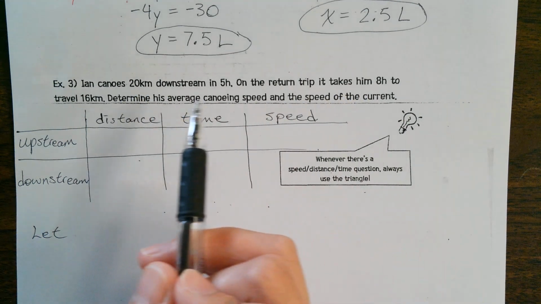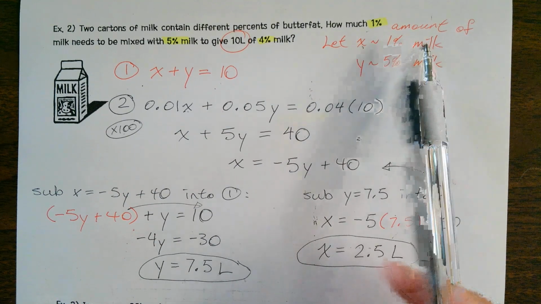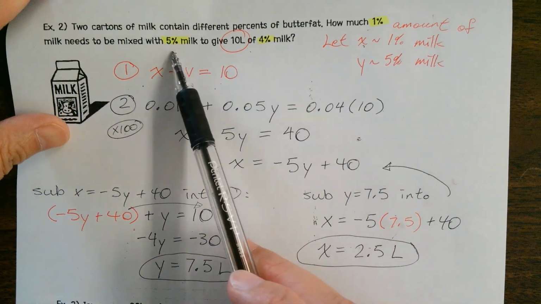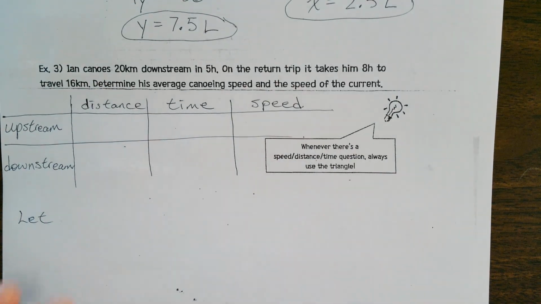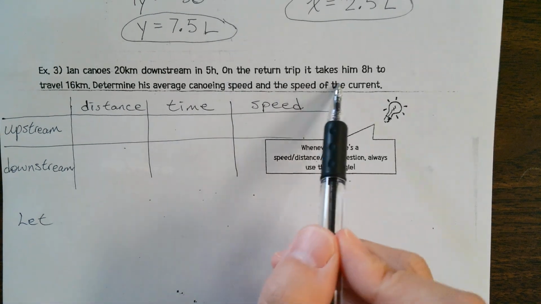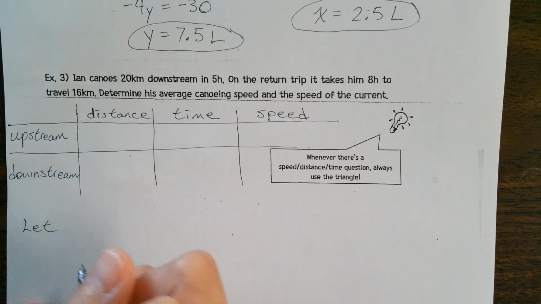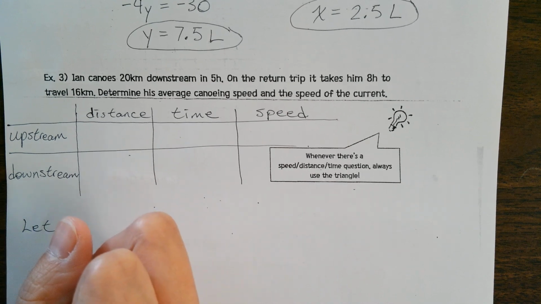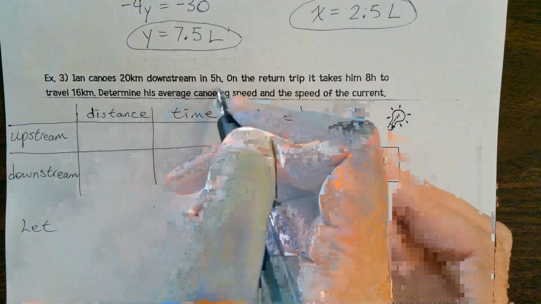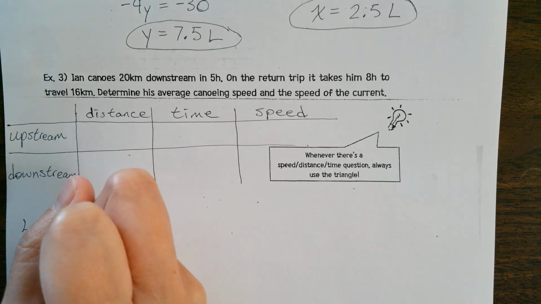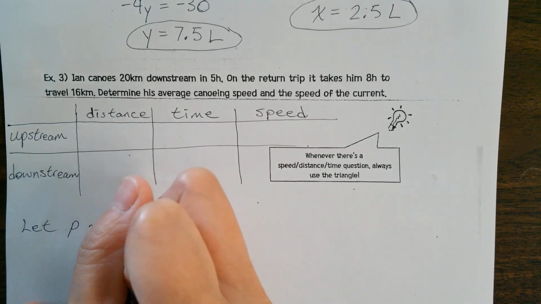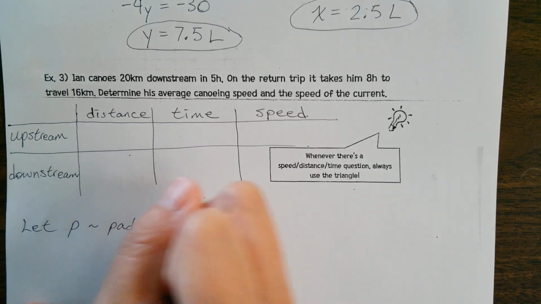For example, in the last question my x was the amount of 1% milk and y was the 5% milk. In this case, I want to find two different speeds: the canoeing speed and the speed of the current. So let's do P for paddling speed or canoeing speed, same thing.